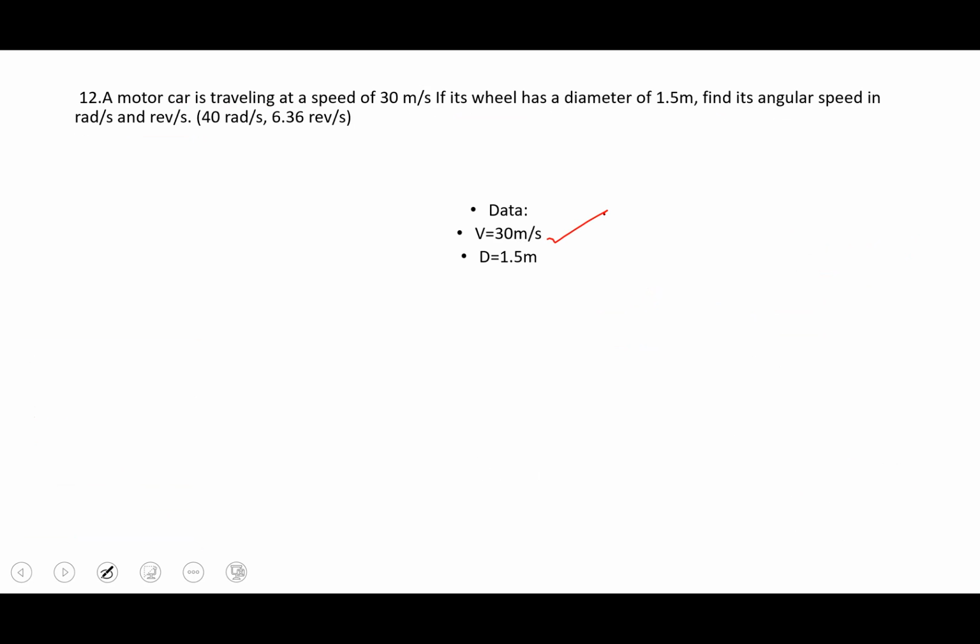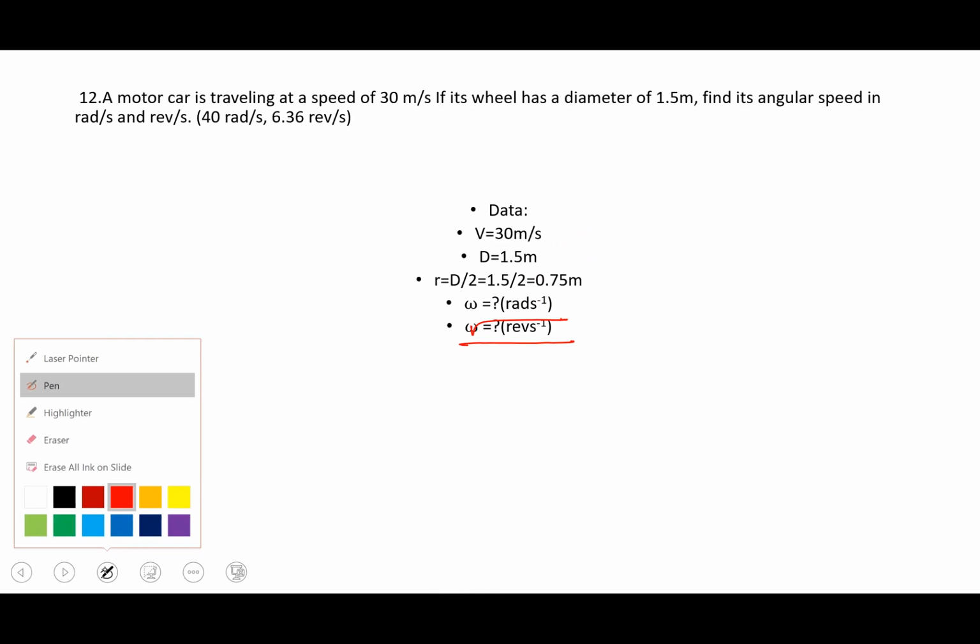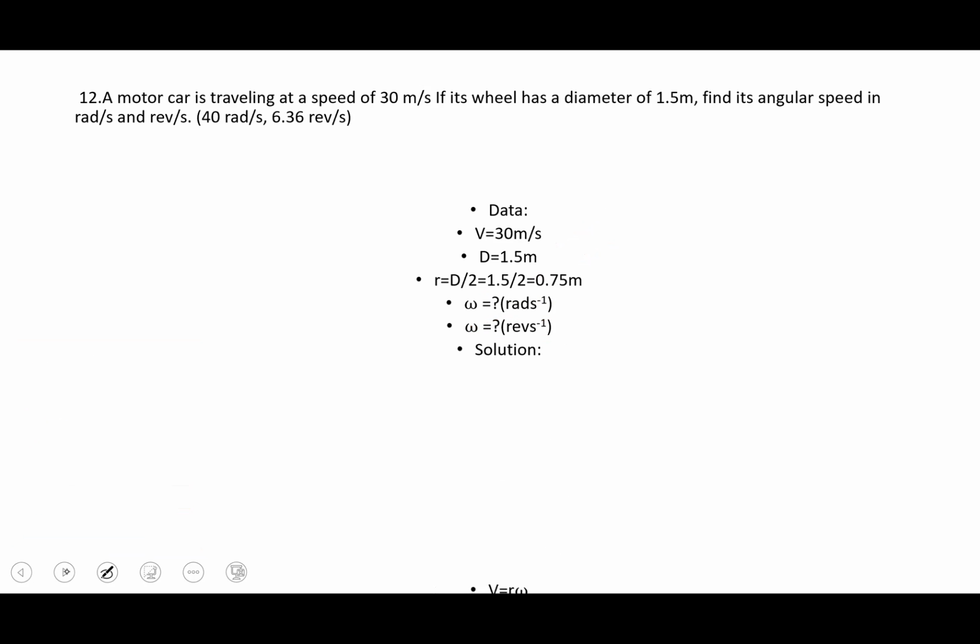The diameter is given to us, which is 1.5 meter. Now we can convert the diameter to radius by dividing it by 2. So 1.5 divided by 2 is going to be 0.75. So we have to calculate two things now. The angular velocity in radian per second, and the angular velocity in revolution per second. Solution.